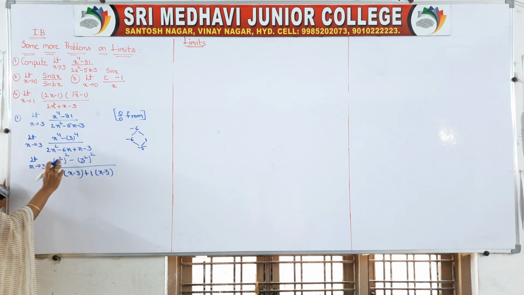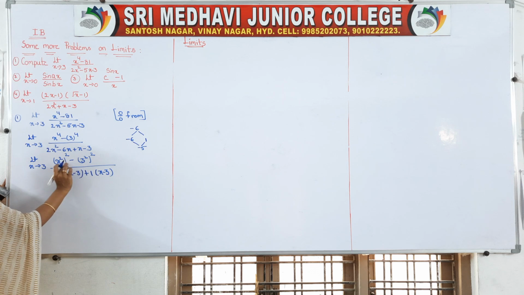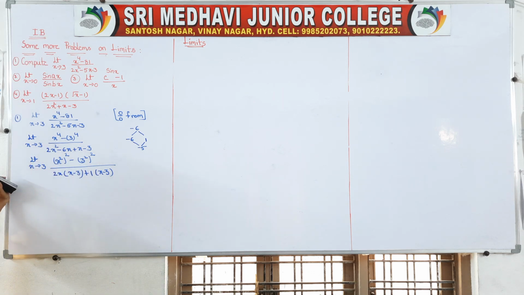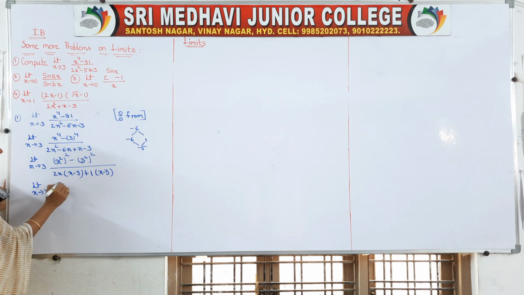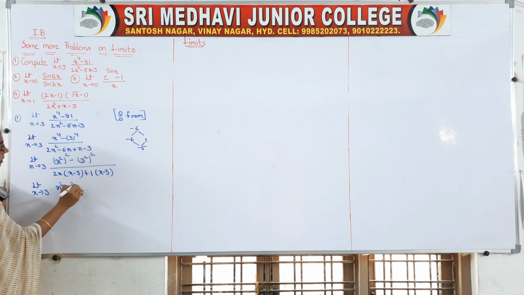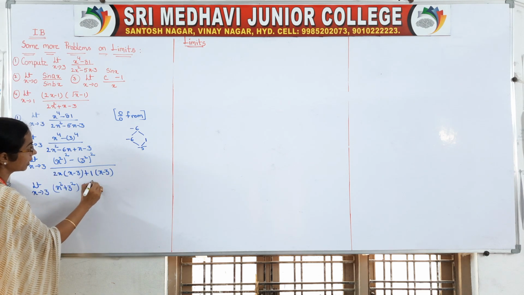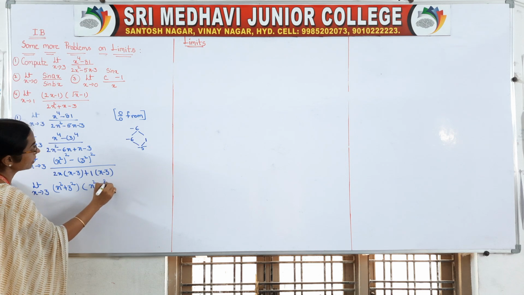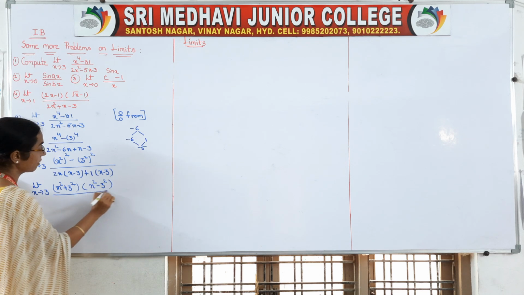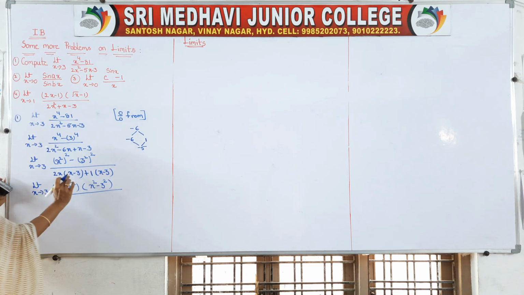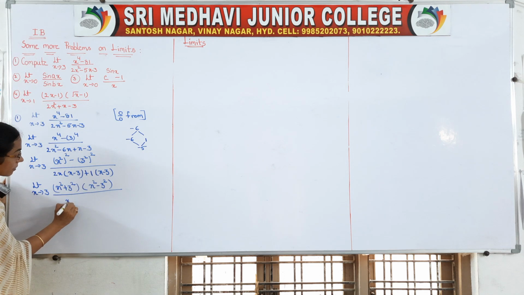Okay, so next, this is of the form a square minus b square, that is (a plus b) into (a minus b). So limit x tends to 3, (x square plus 3 square) into (x square minus 3 square), divided by, from these two we can take x minus 3 common, right?